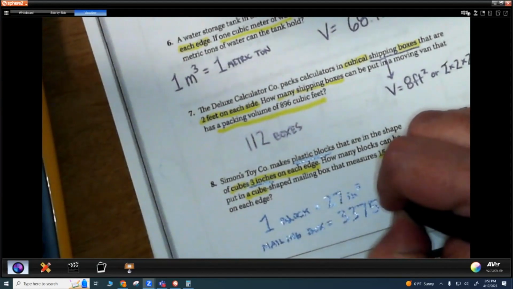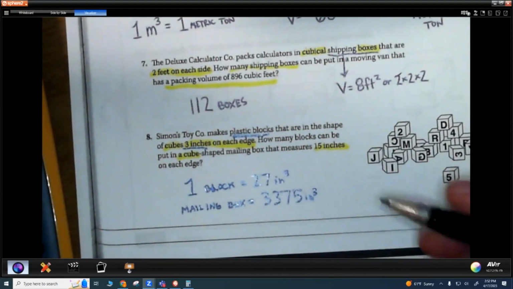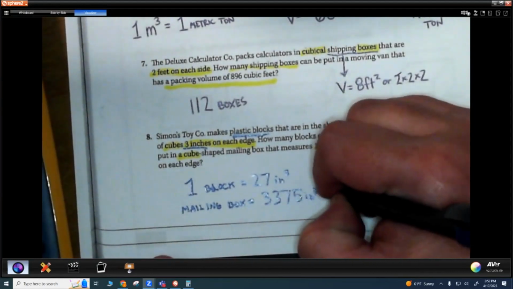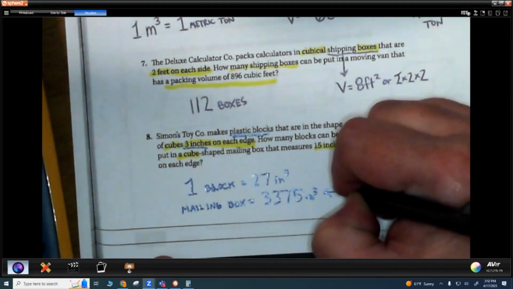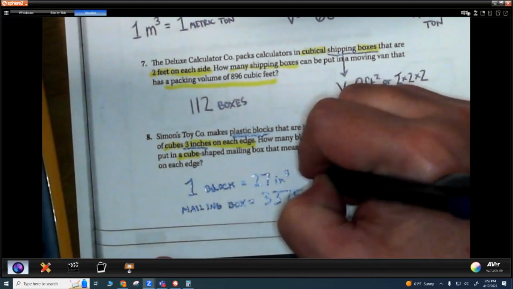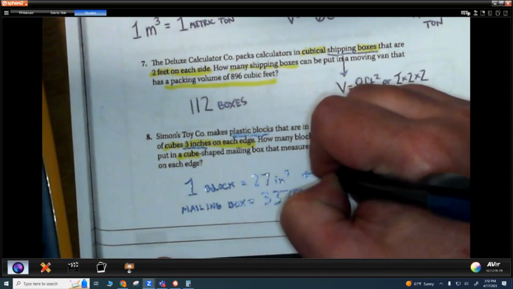And so same calculation we did previously, we take our total volume and divide it by our partial volume.